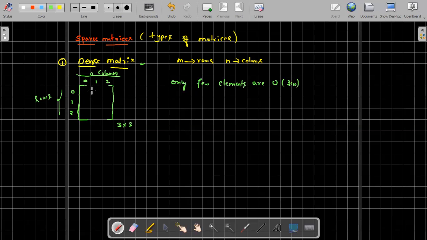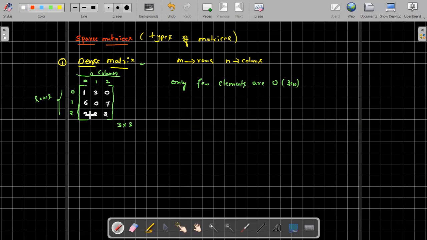I will enter the elements inside this matrix, something like this: 1, 3, then 0 here, 6, 0 here, then 7, 9 here, 8 here, and 2 here.